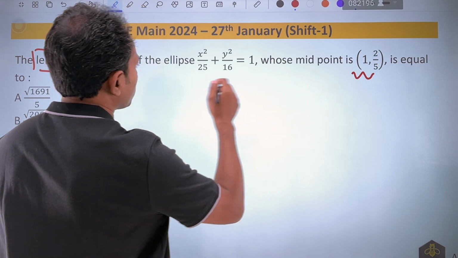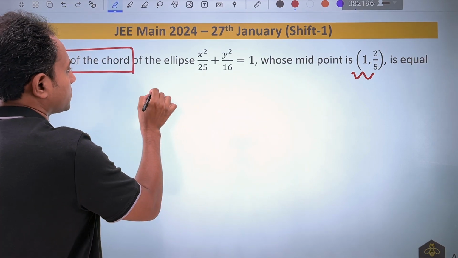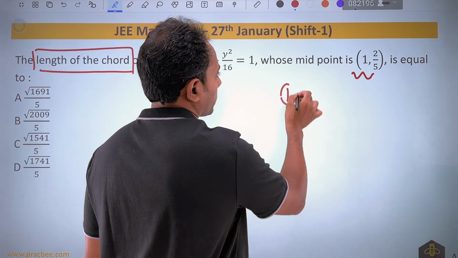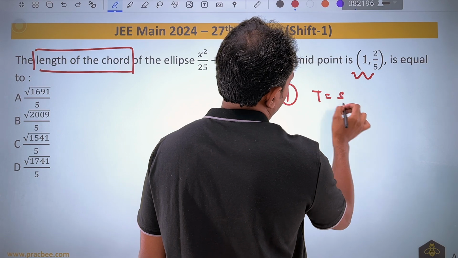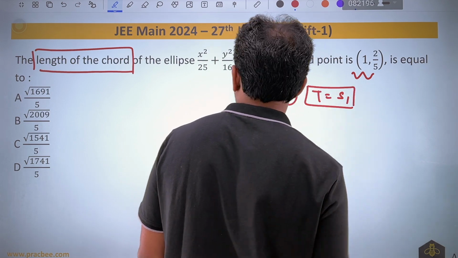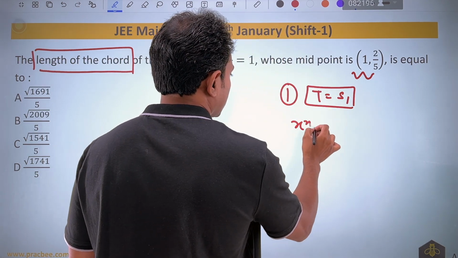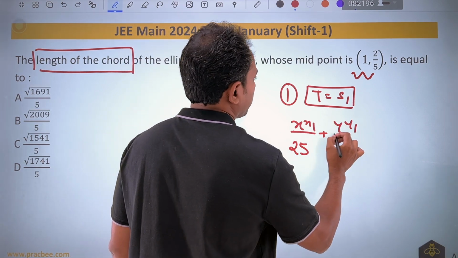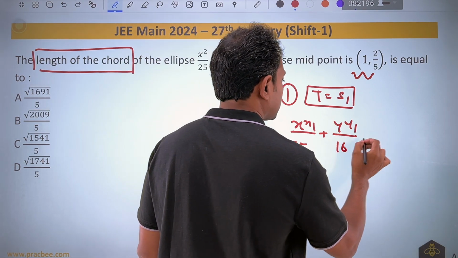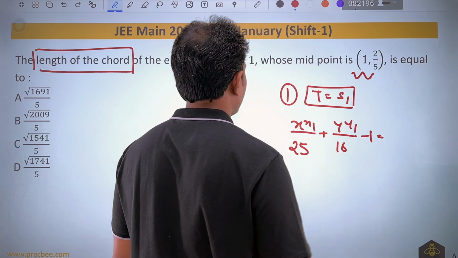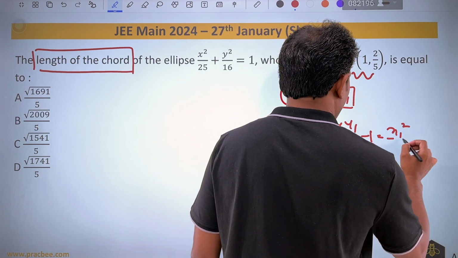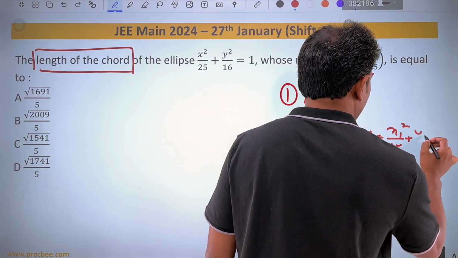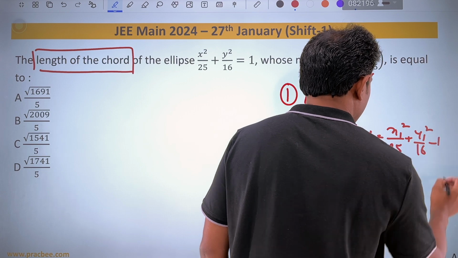Now, if I look into this, the first step is to write the equation of the chord using T is equal to S1. So if I apply T is equal to S1, this becomes x x1 by 25 plus y y1 by 16 minus 1 equal to x1 square by 25 plus y1 square by 16 minus 1.